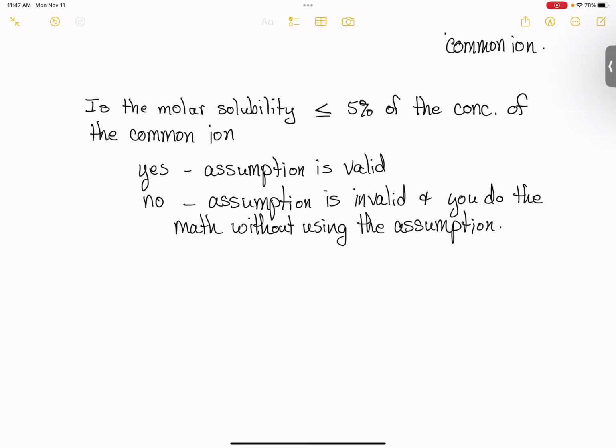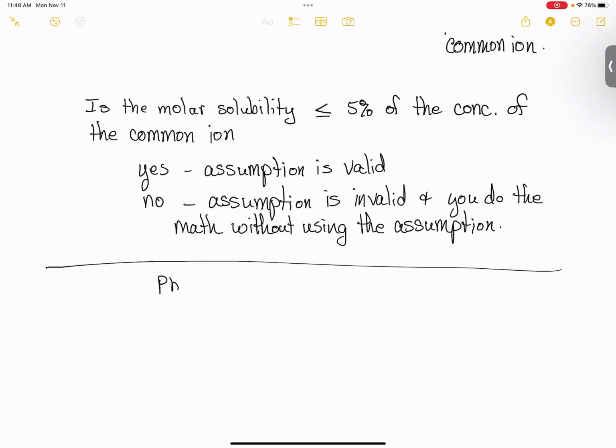And then on the second page of the post lab, you are doing a problem where you are calculating the KSP of a solid. If I recall correctly, it's a lot like the problem I just gave you.